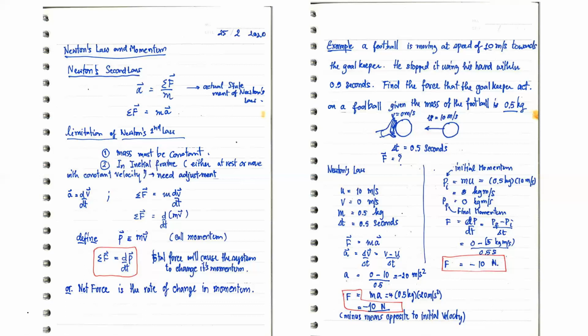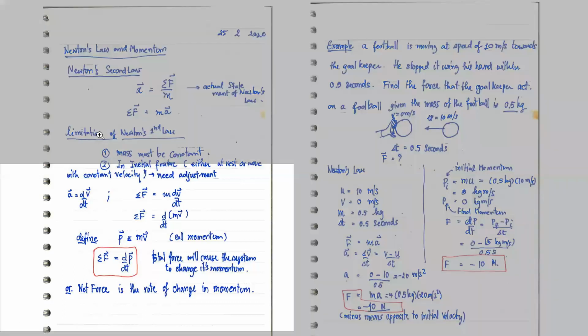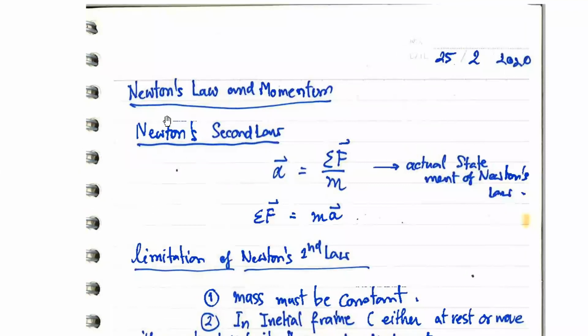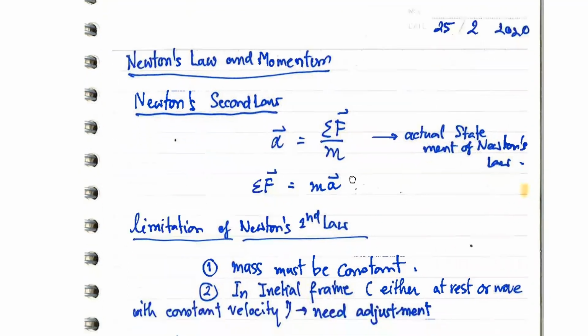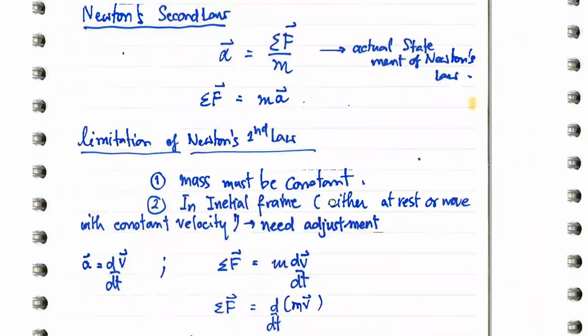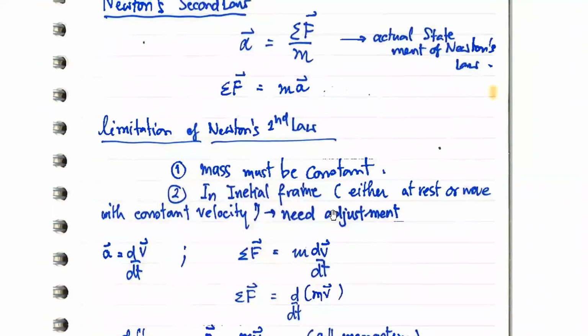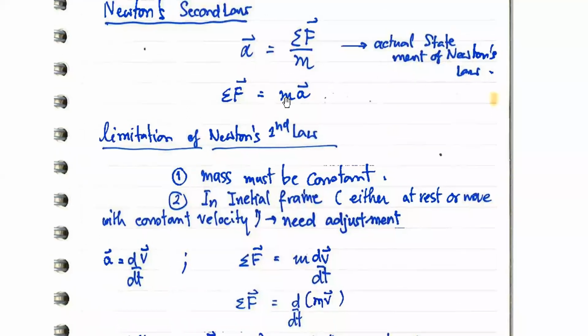So let's take a look at this statement. According to Newton's law, we have a equal to summation F over m, which is an actual statement of Newton's law, or summation F equals ma. Now, this has some limitations. The limitation is that the mass of the moving object must be constant.